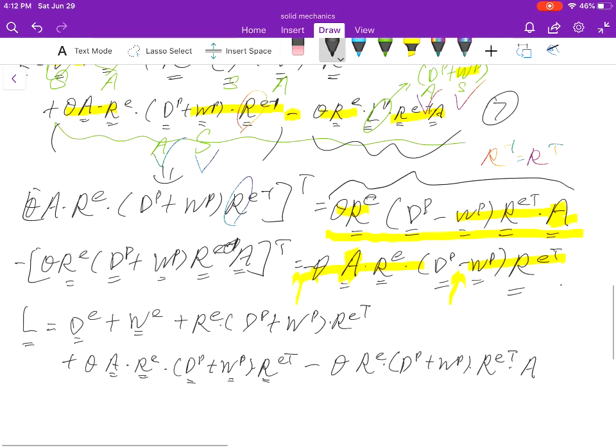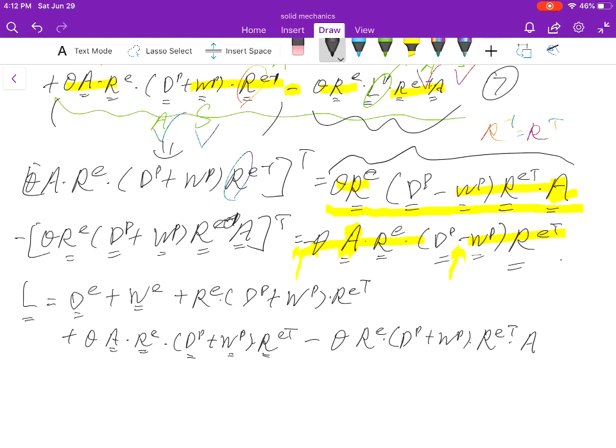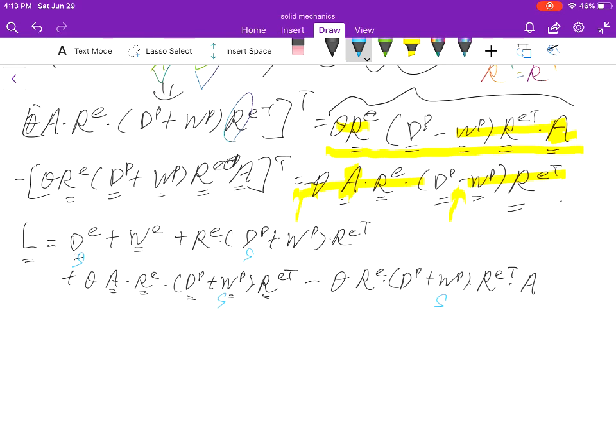And because of this, now we know that these are symmetric parts, so we only pick up the symmetric part.